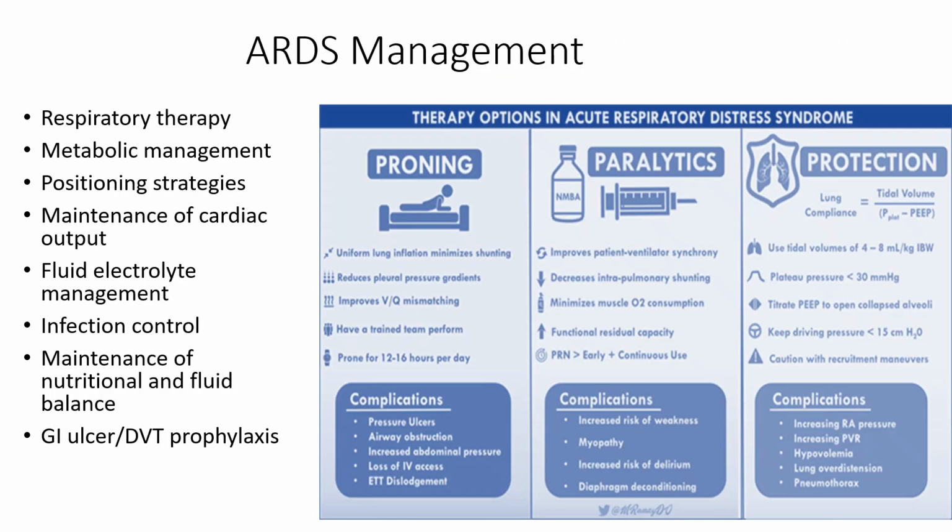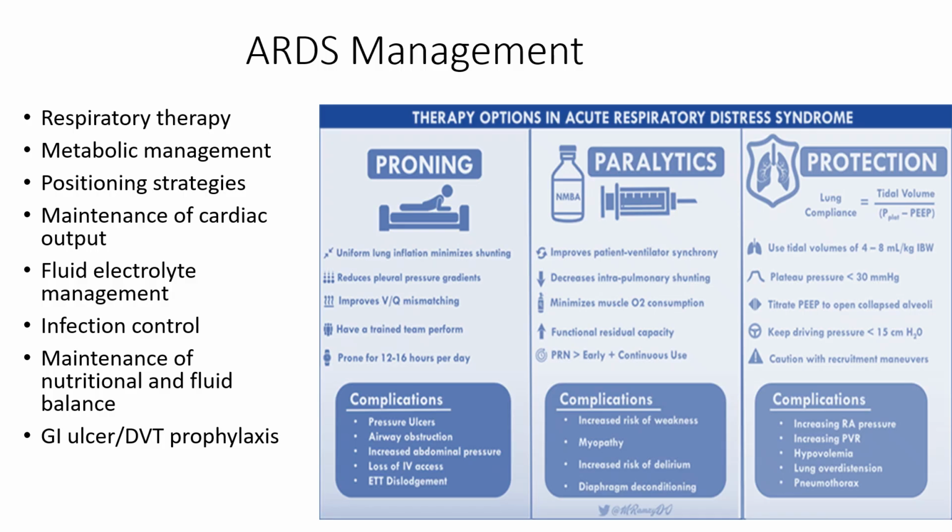Depending on the underlying cause, ARDS treatment is often limited to supportive care. You may have heard of proning. When a patient has ARDS, they are going to have a ventilation to perfusion mismatch, or a VQ mismatch.